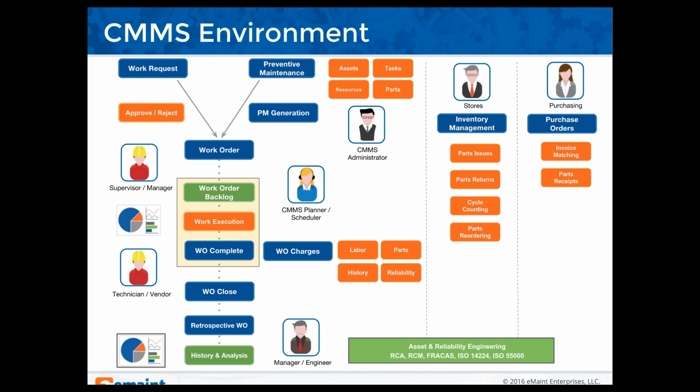In terms of a JI, what we're looking at there is towards the middle of the screen, up at the top, where we have assets, tasks, resources, and parts. In that case, we're talking about work order processes, what we call PM tasks, or work order tasks. That's where JIs would come into play. And it's not to say that a JI could not also be an SOP.